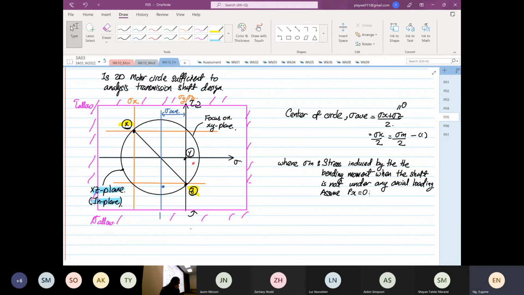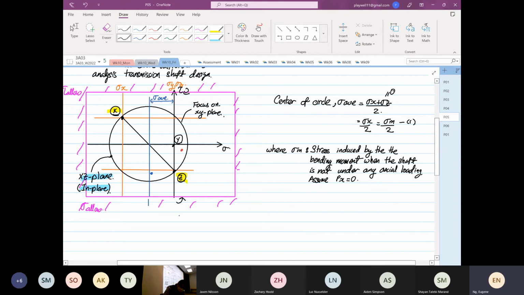Now coming back to here now. Okay. So from here, we want to calculate the radius of the circle, which is equal to your tau max, right? So the radius of the circle basically is, this is the radius.